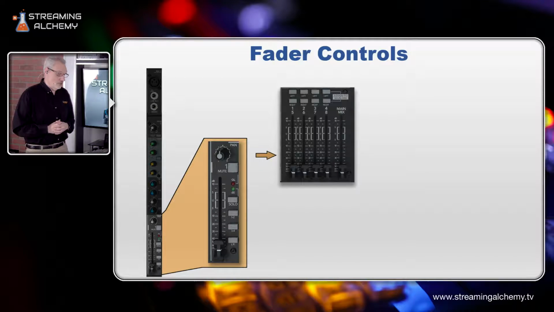So for instance, if I wanted to set up a submix, say with channels 1 and 2, where all of the vocals, all the speakers, all came in on that channel, I could do that and now create a submix where using this one fader, I could control the overall level of all my speakers.